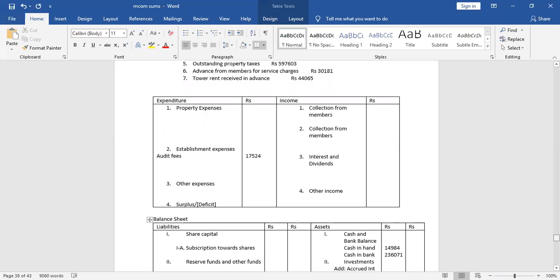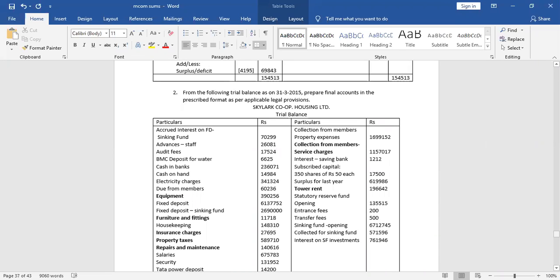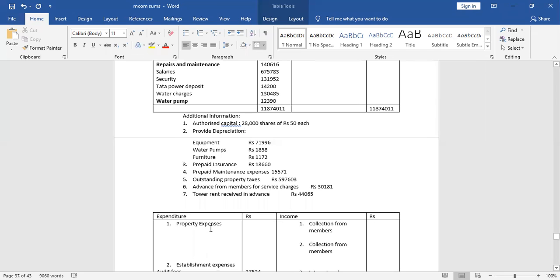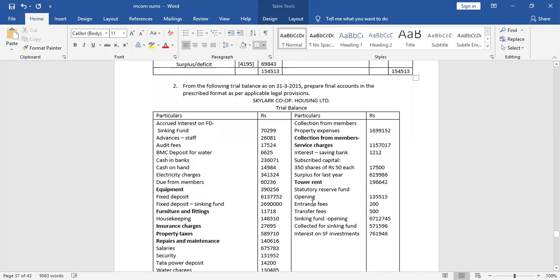Now after this what we have? We have electricity charges, a very important expense related to property, 3,41,324. So we will write here electricity charges, the amount is 3,41,324. Now we have due from members 6236.